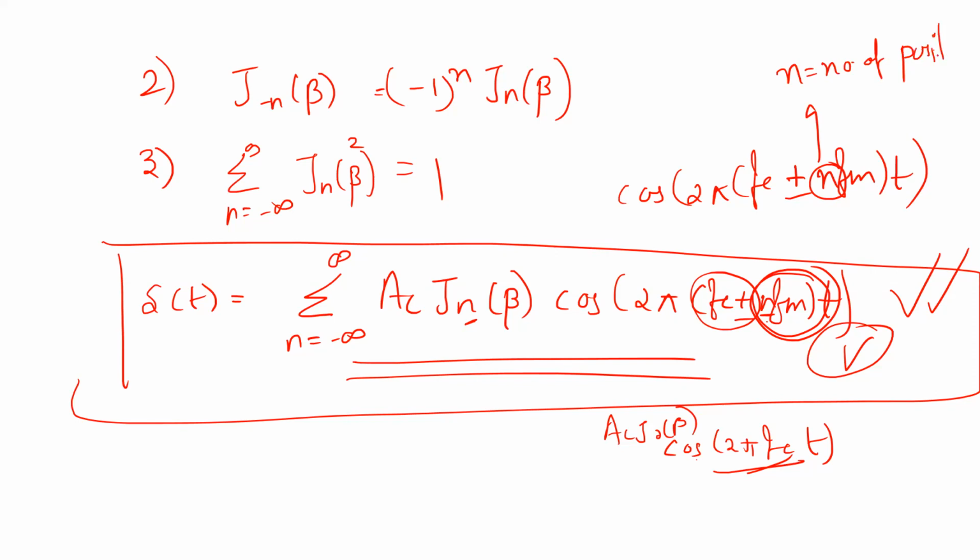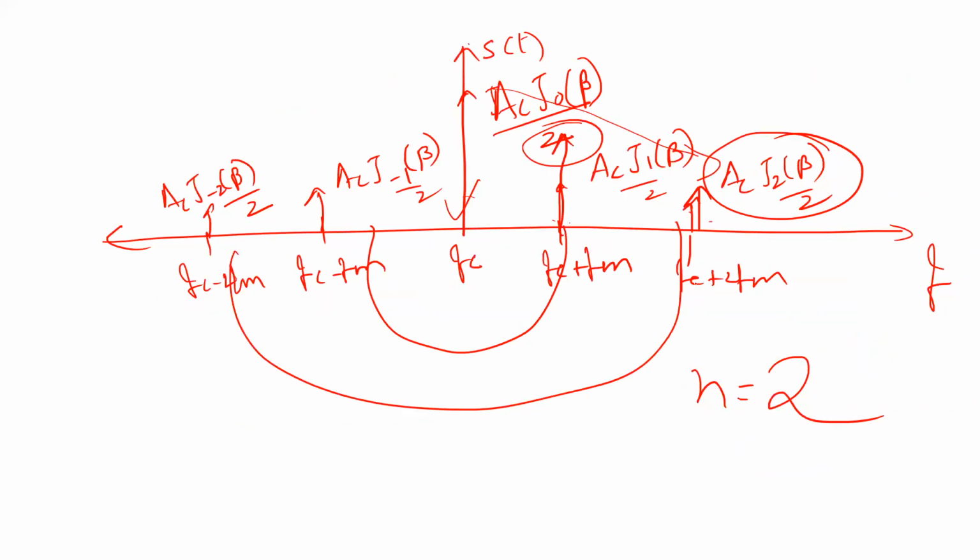For wideband there's n, but why for narrowband is there no n? Because here we are indicating in terms of the Bessel function, hence the n specifically. So why for narrowband is there no Bessel function?